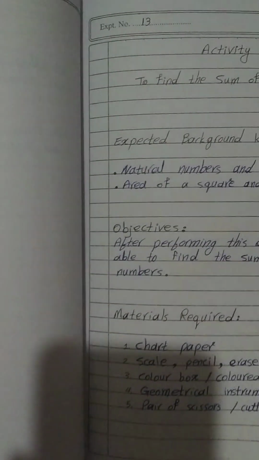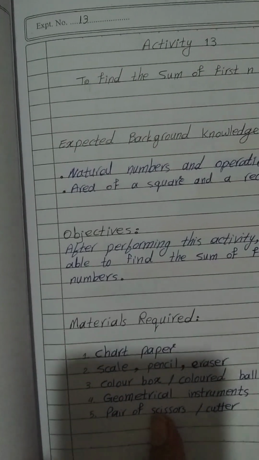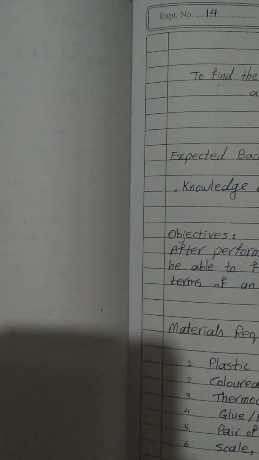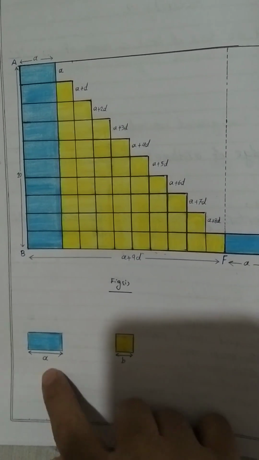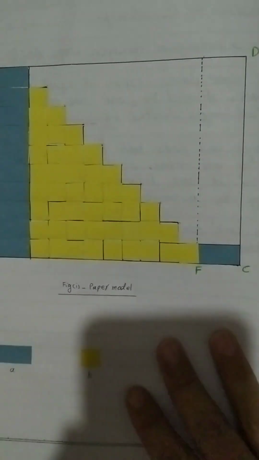If you don't feel comfortable, but better as much as you can, whatever you can paste in your activity book, do it. Activity number 13, and the conclusion of it, and activity number 14. I see, again you can give this date also. This is B, this is A, and then paste it all together.